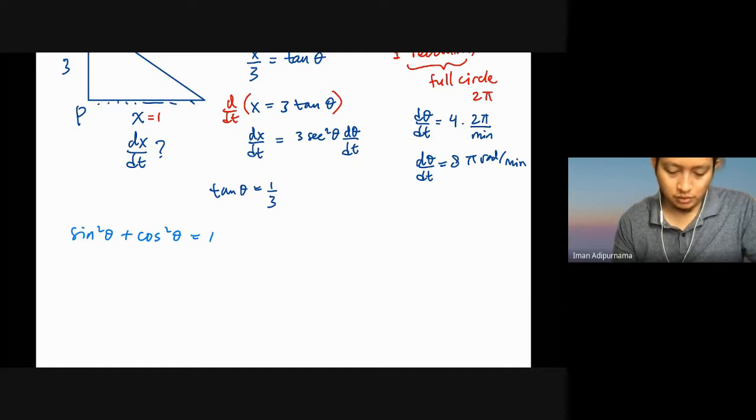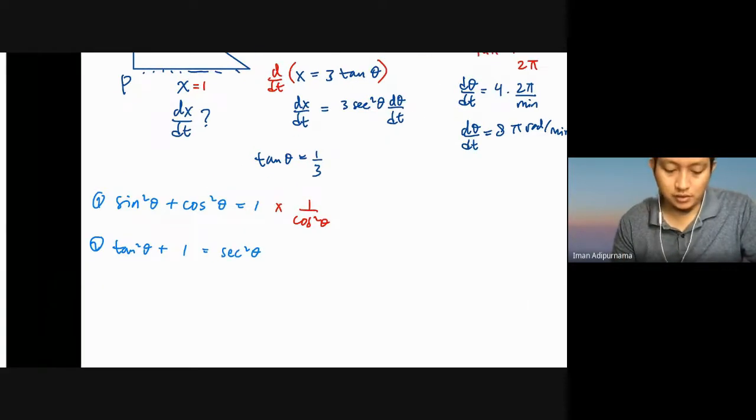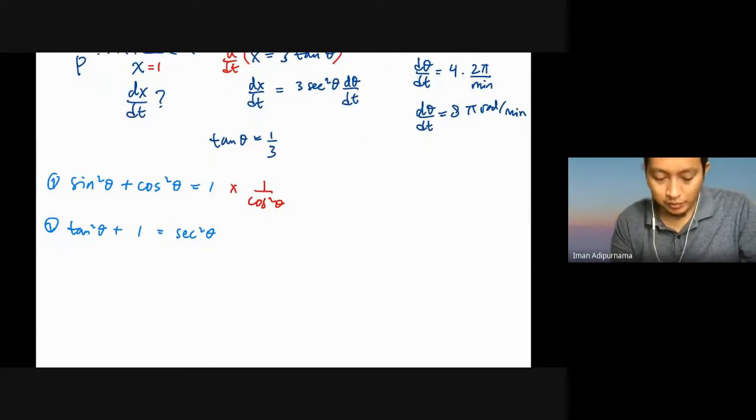Then multiply all with 1 over cos squared theta. You can get these two expressions, which are really helpful for you in calculus, advanced mathematics, and engineering math. This identity is pretty basic. Why am I doing this? Because I forget how to get the tangent and secant, so I need to write this.